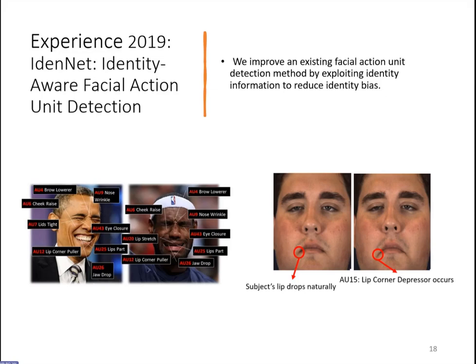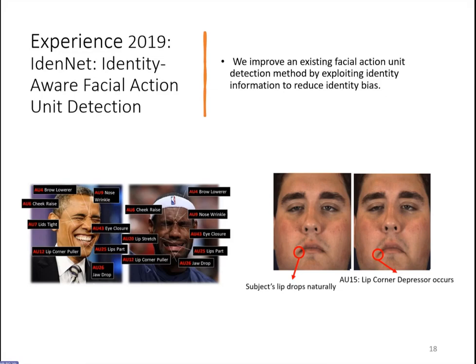Okay, so there is some example. For example, with Obama, the muscle on his mouth is contracted, so his cheek is pulled upward. This is AU12 or something. And he closed his eyes, so the muscles at the corner of the eyes also contract.